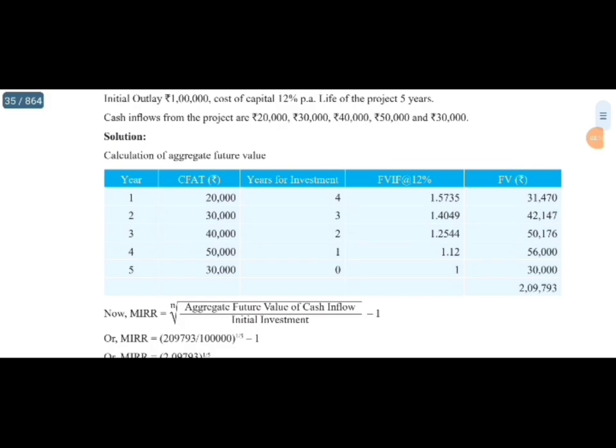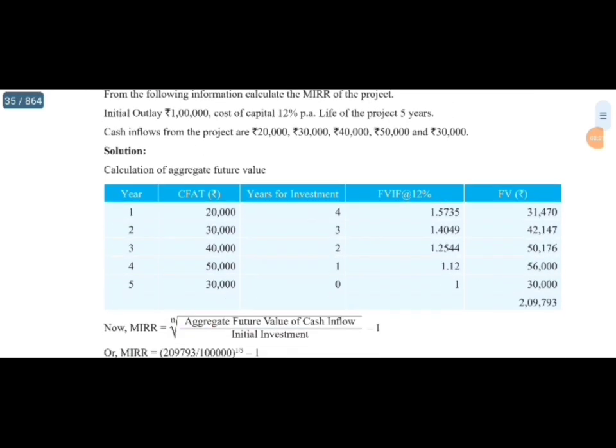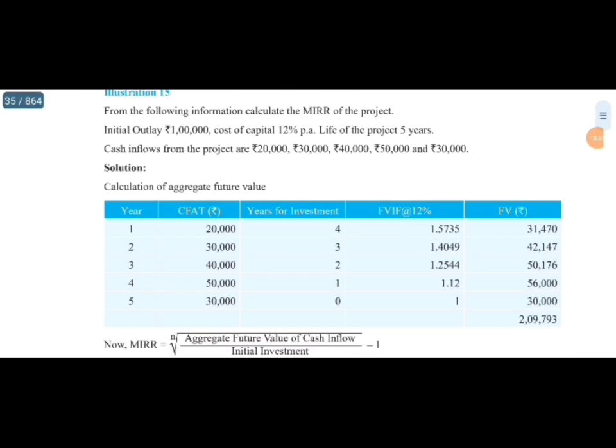In the formula, we have to find the aggregate future value of cash inflow. For finding the future value, we have to find the years for investment, and the rate is the cost of capital. So here we will find the future value at 12% for the first year. So we have remaining 4 years for investment.